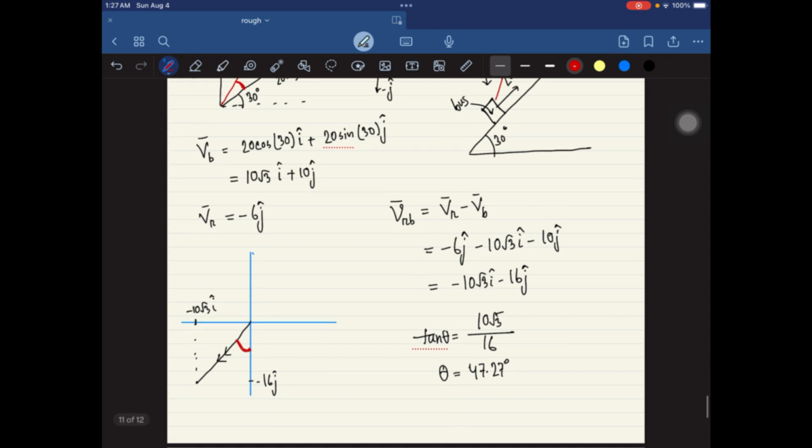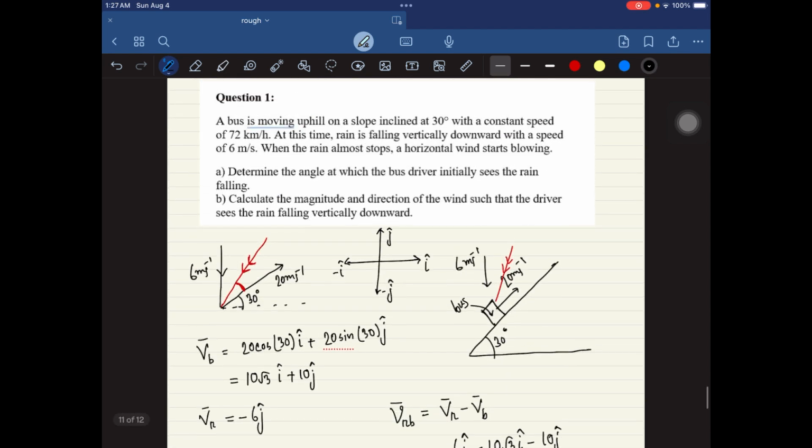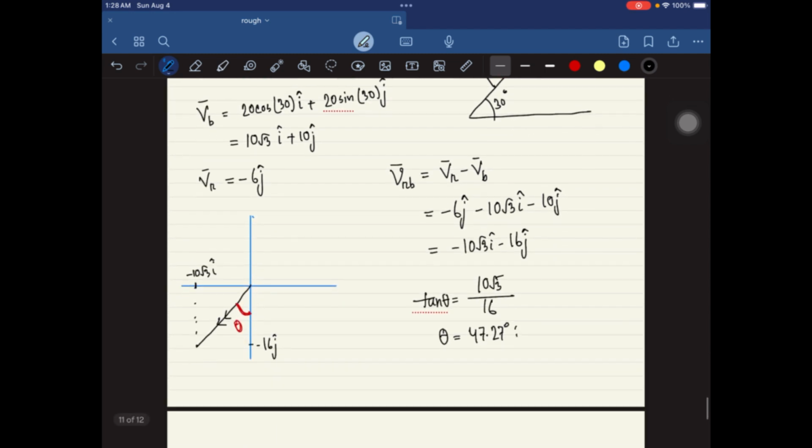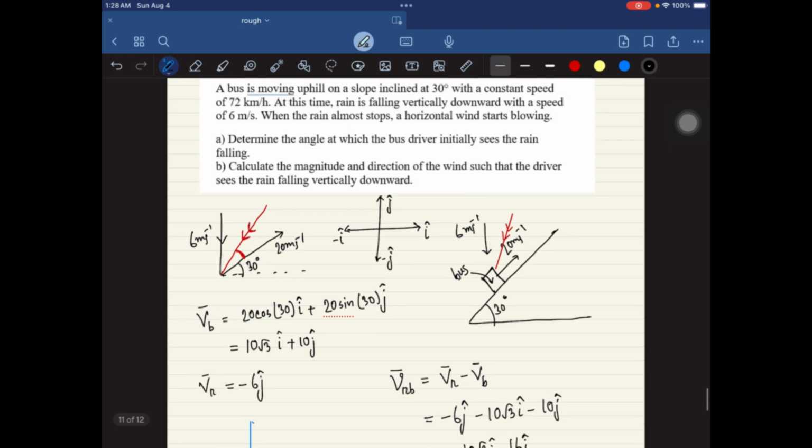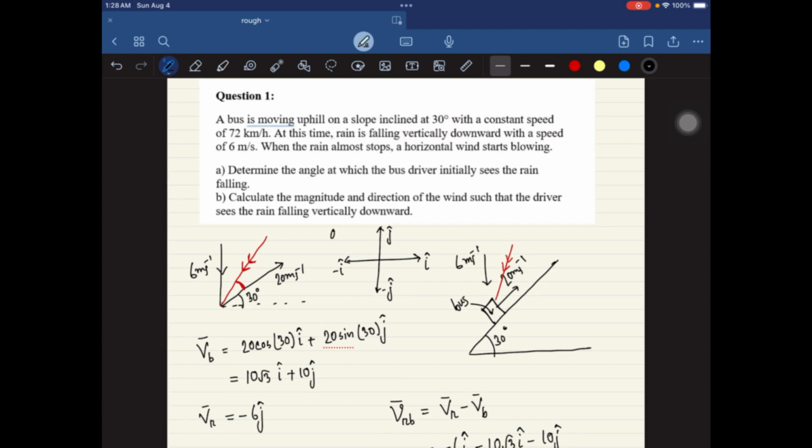So this is theta, 47.27. We need to state the direction, because the question asks for the angle at which the bus driver initially sees the rain falling. So theta is equal to 47.27 degrees with the vertical line. Okay, so we have done A.